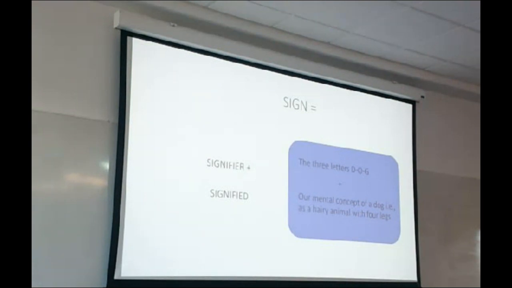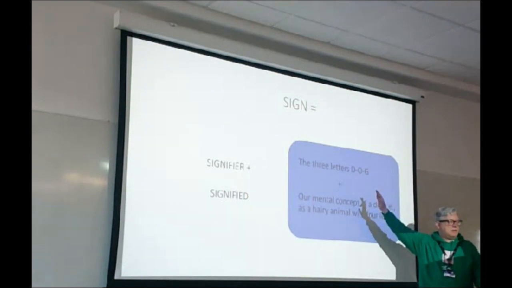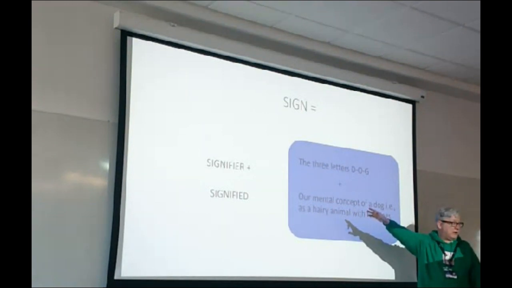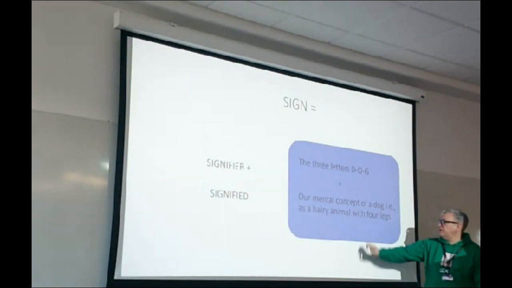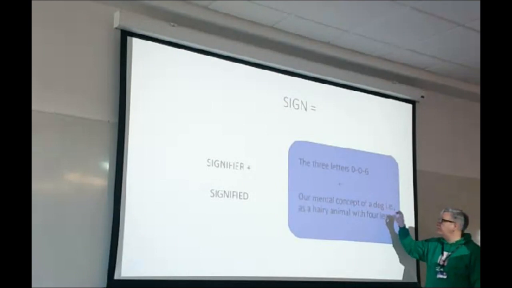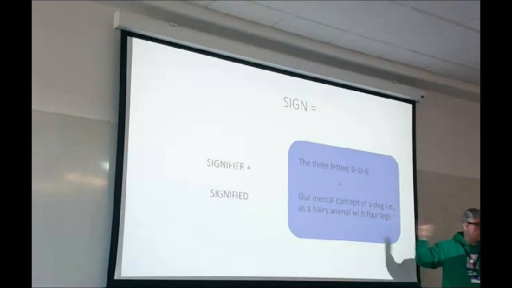So in this instance, the three letters DOG combined together to make the word dog is the signifier. What does that signify? Our mental concept of a dog, i.e. a hairy animal with four legs, etc., etc. All the things that we have associated in our concept of dog is unlocked by the sign, the word dog.